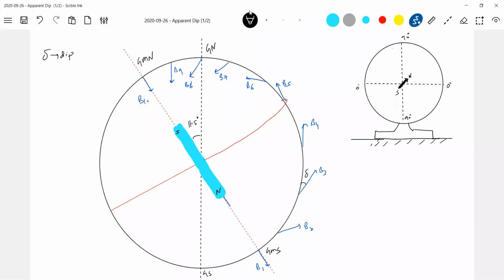Now, what is the basic idea? Any magnet that can rotate in a vertical plane. So there's a magnetic needle, mounted about the Z axis. It can rotate about the Z axis. Do you agree?